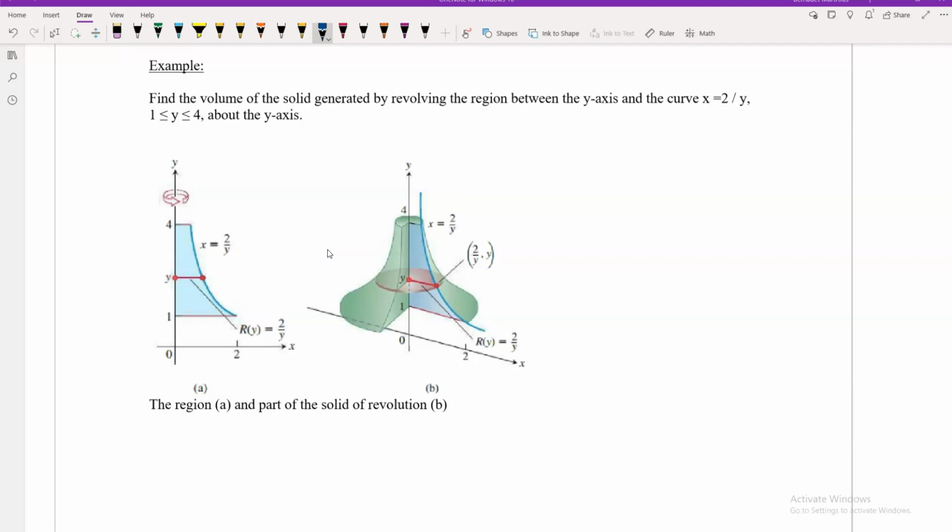So here we have part A is our region, and part B the solid of revolution, which is about revolving above the y-axis. So finding the volume, this is equal to the integral. This is above the y-axis, so here we have from 1 to 4.